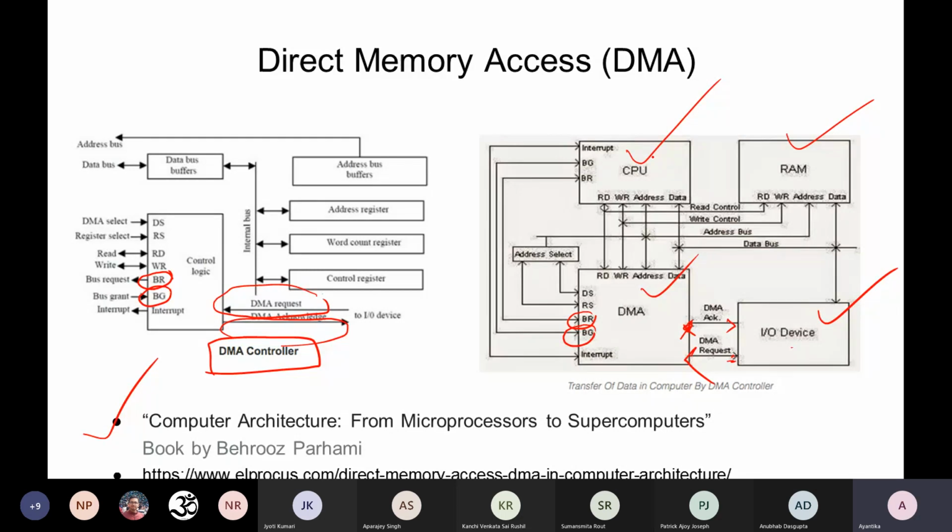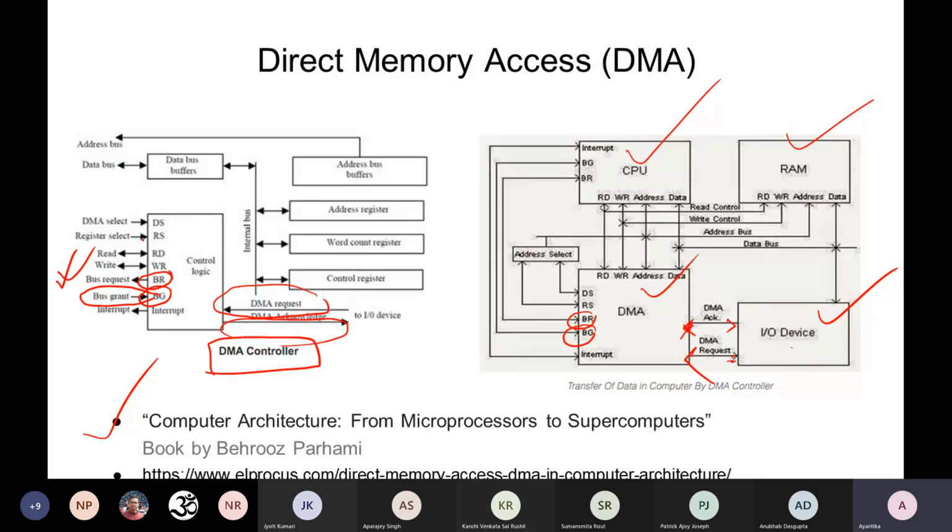So now the DMA controller will take hold, and for that, that bus request is made. That means this pin is set high, so that CPU will understand, okay, now there is a request for granting the bus. When CPU is allowing this direct memory access, this pin, bus grant, will be set high.